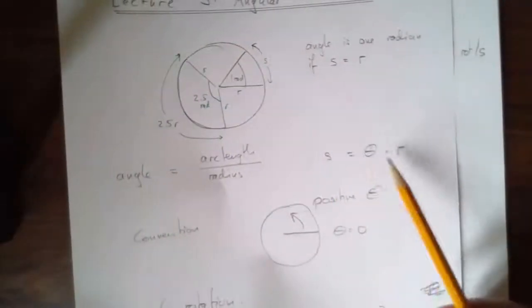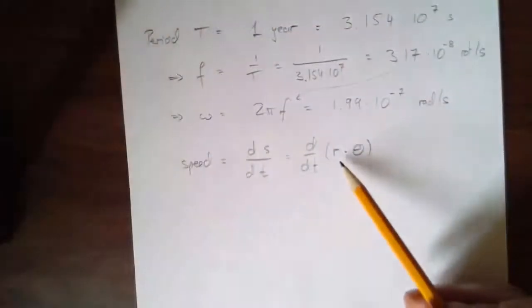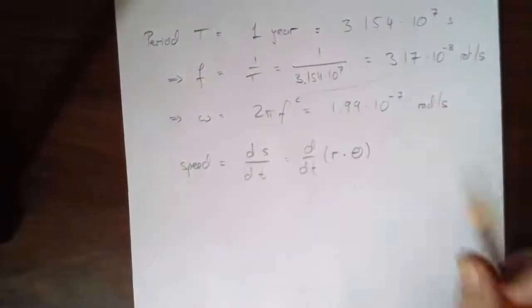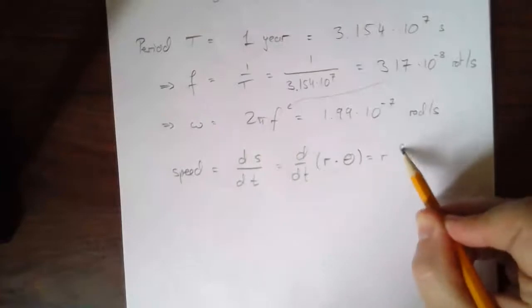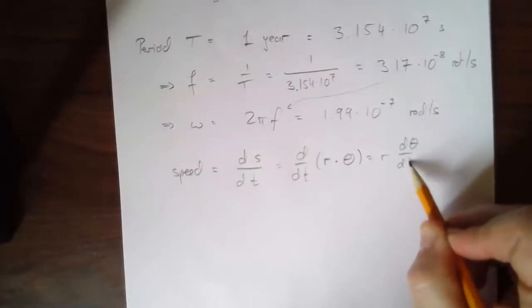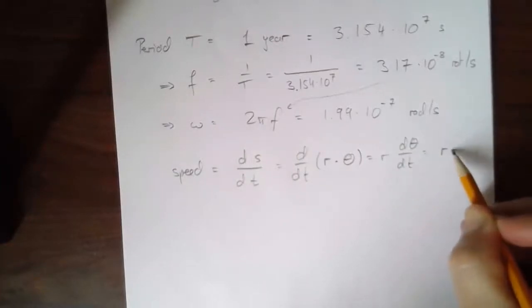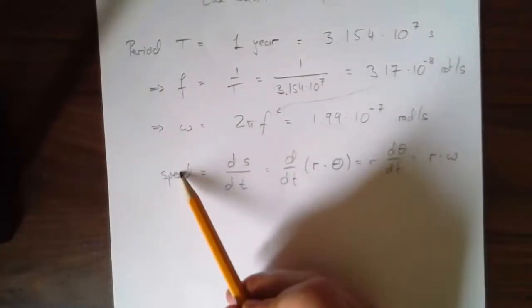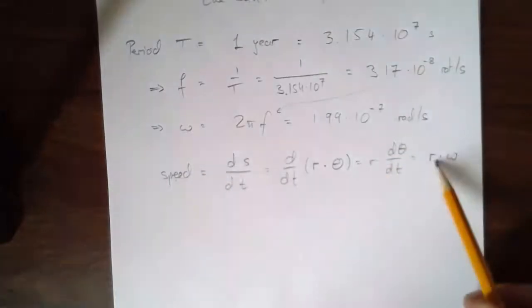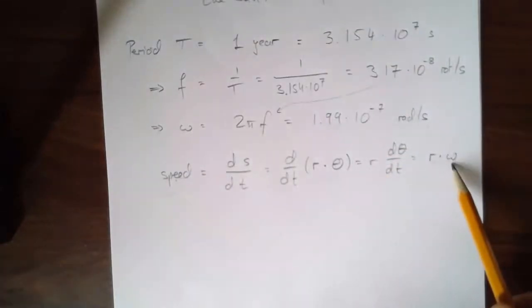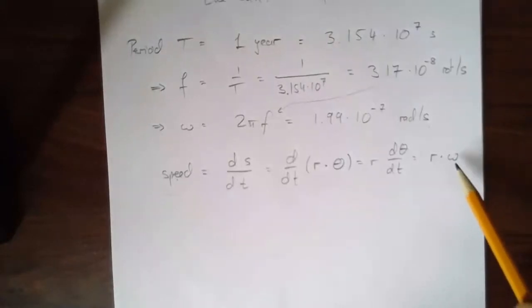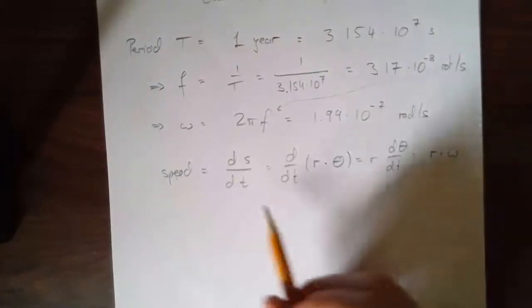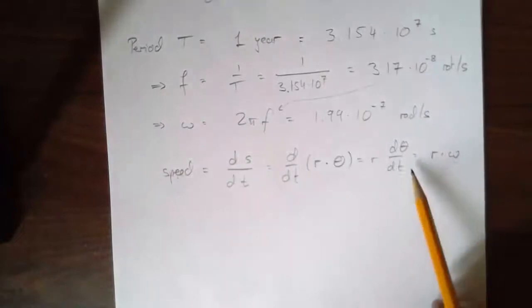So we're just taking the time derivative of this, but because the radius does not change, this is r d theta dt, or r times omega. A very important relation: the speed of a point going in a circle is the radius times the angular velocity. It just follows from the definition of radian.